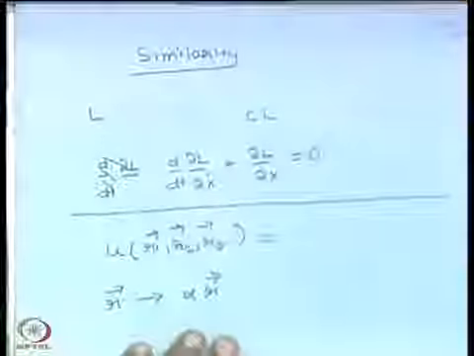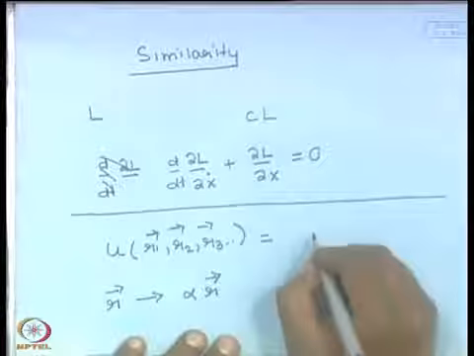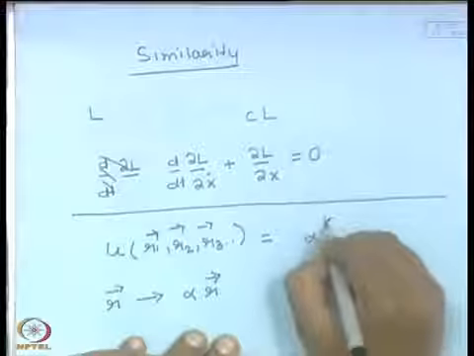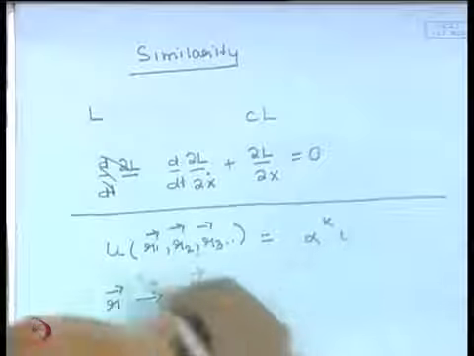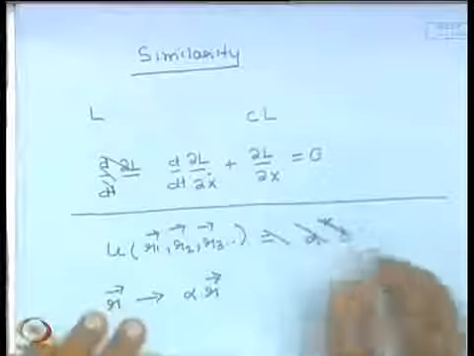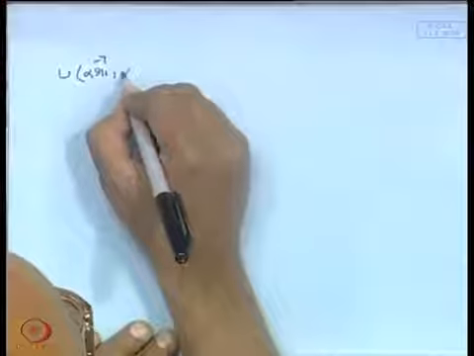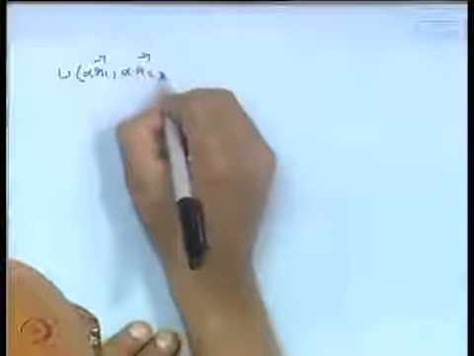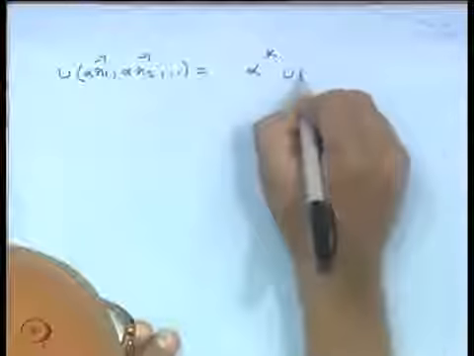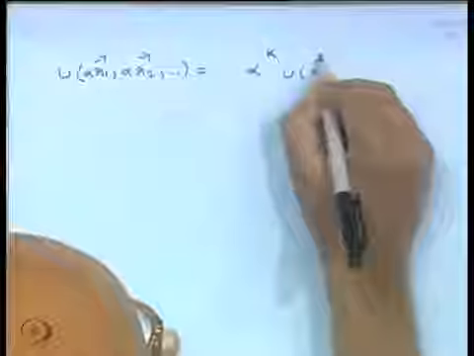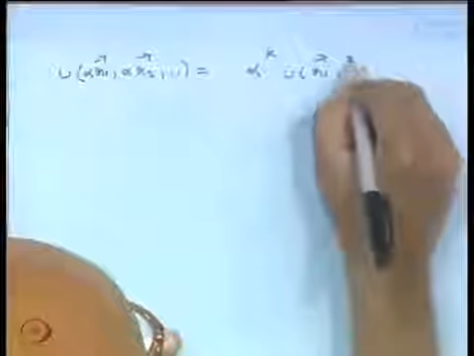If it is homogeneous of degree k, what we mean by this is that my potential has the property that U of alpha R1, alpha R2, etc. is equal to alpha to the power k times U of R1, R2.